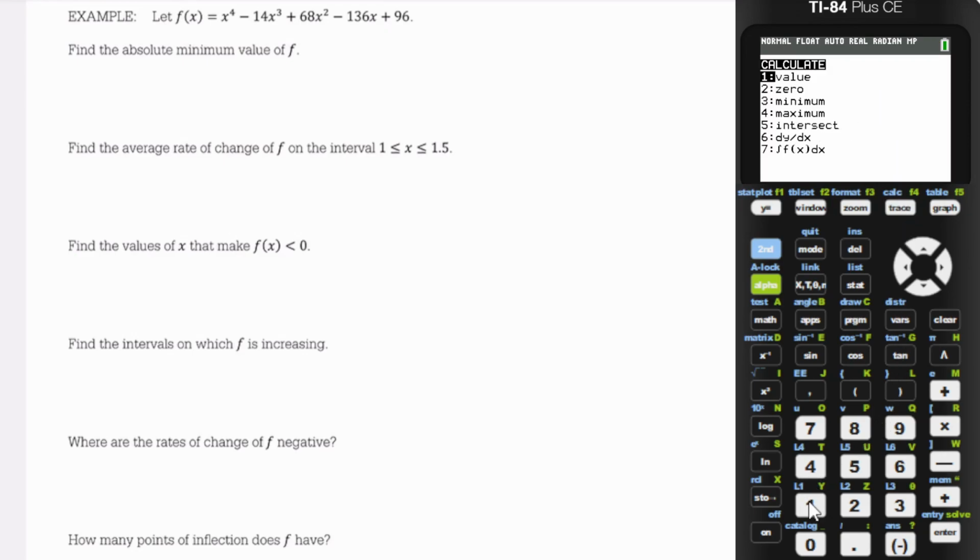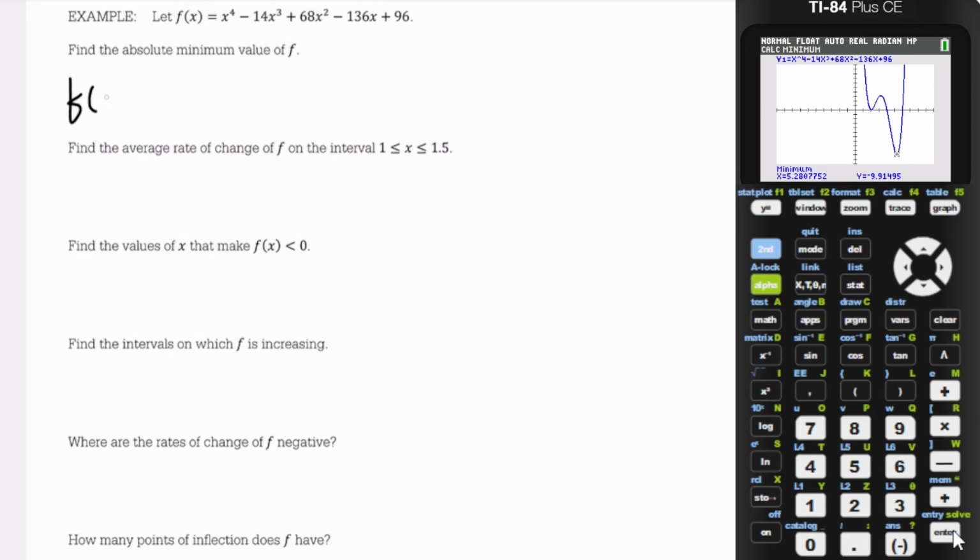We're going to calculate a minimum between x equals 4 and 6. So x equals 4 is my left bound, x equals 6 is my right bound, and I'll give it a guess, and there I'll have it. I was being a little paranoid and I did not need to extend the window. The minimum value of f is f of 5.281 is equal to negative 9.915.